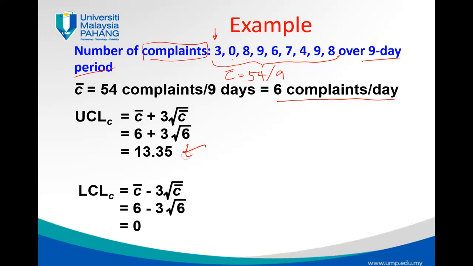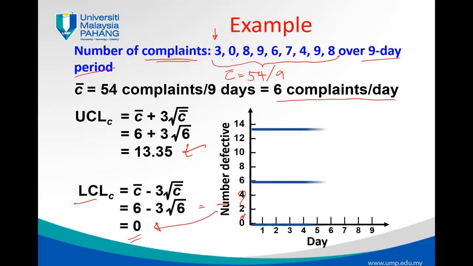For the lower control limit, C bar minus 3 square root of C bar, we get 0. If you calculate this value, you will get a negative value, so we put it as 0, because we don't have negative complaints.